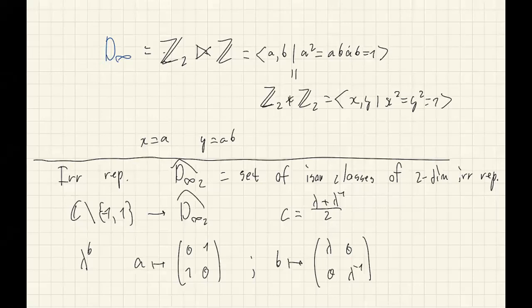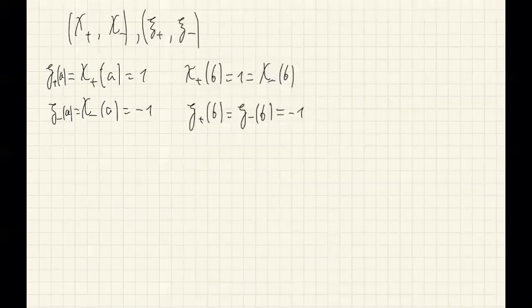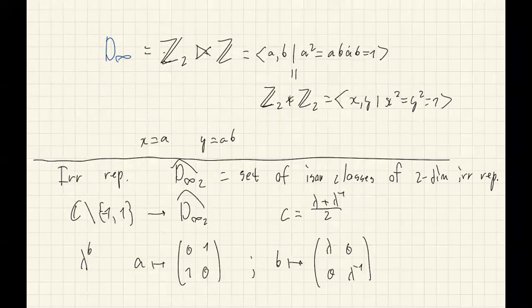So when we approach 1 or minus 1, the eigenvalues of B equal 1 or minus 1, depending on the point. And eigenvalues of A are always 1 or minus 1, because it's an involution. So it is natural to think that these pairs of characters are attached to points 1 and minus 1.